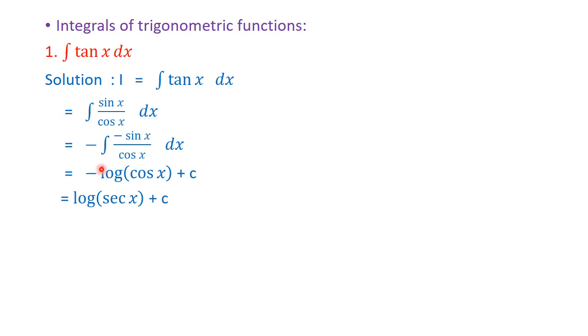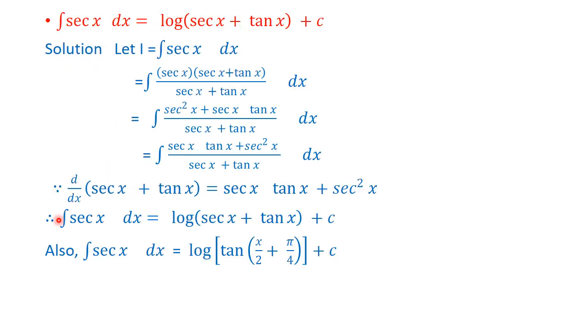So due to this adjustment, the negative sign gets absorbed and the result reduces to the form log of sec x plus c. So the integration of tan x is equal to log of sec x plus c, and you can use the above result also, that is minus log of cos x plus c, but it is convenient to use the second result, that is log of sec x plus c.